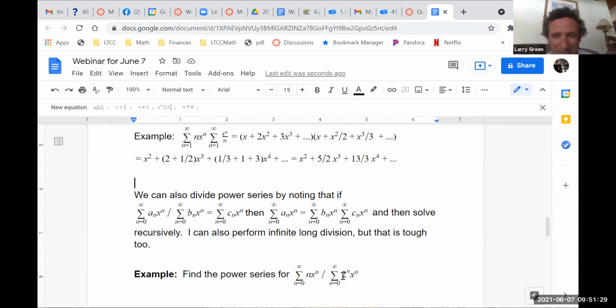Hopefully they are doing long division of power series for the rest of eternity. So one way is doing long division. The other way is still really hard and miserable, but not quite as bad as long division.